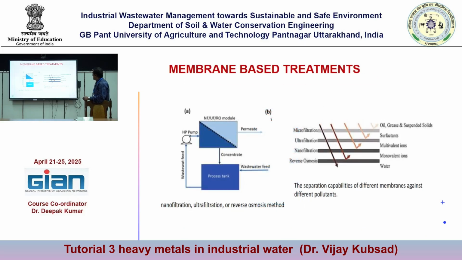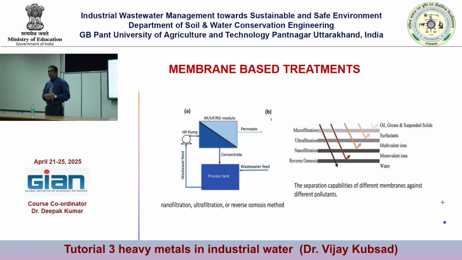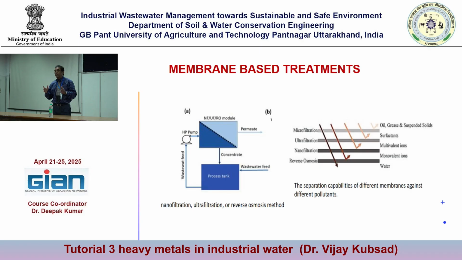Membrane based treatment. The separation capability is different for different membranes against different pollutants. Nanofiltration, ultrafiltration and reverse osmosis. We talked about reverse osmosis. When there is a high TDS concentration, it is expensive, but it is not that expensive for industries, just some percentage of their profit.